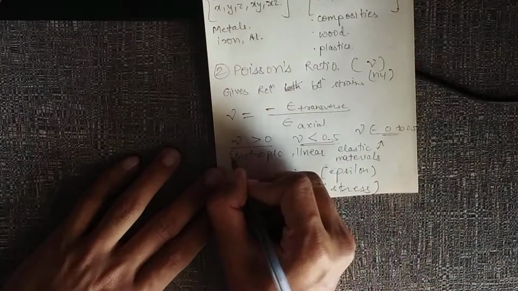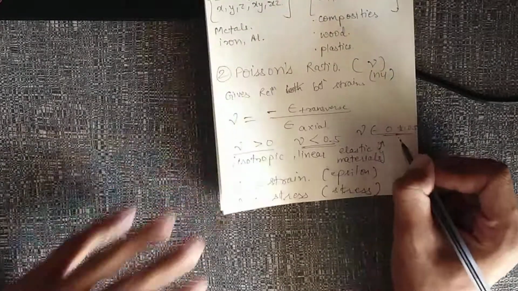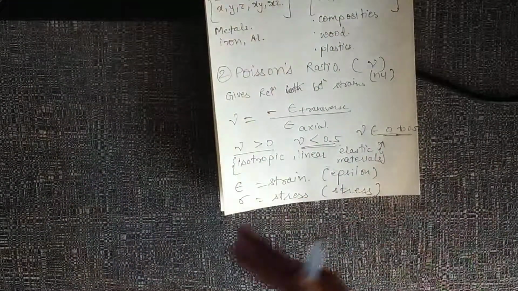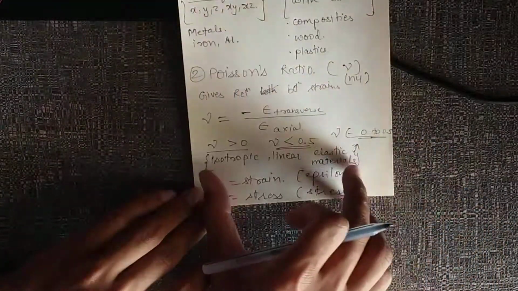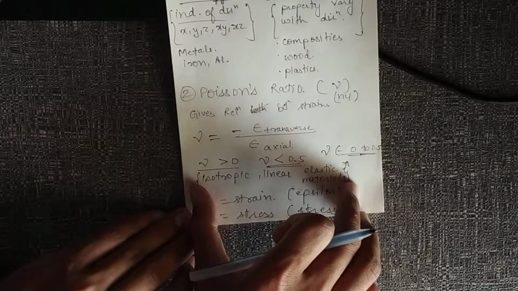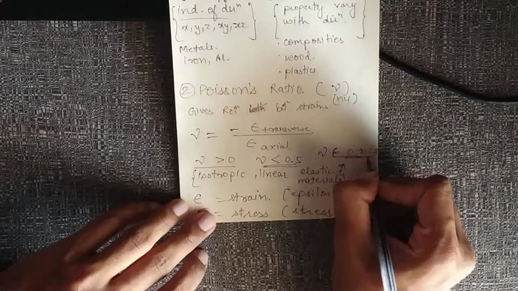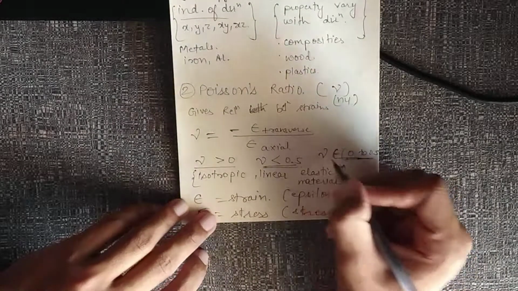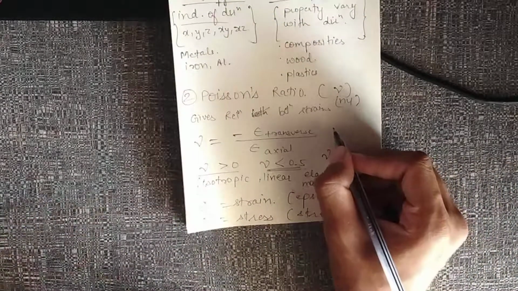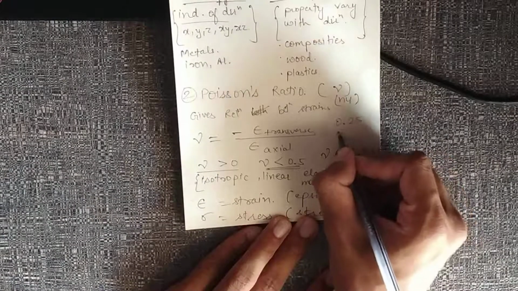There are materials which can have negative Poisson's ratio and Poisson's ratio greater than 0.5. But real metals, which we can talk about in manufacturing science, will have a ratio from 0 to 0.5. And common materials like steels and aluminium alloys would have something from 0.25 to 0.33 maybe.